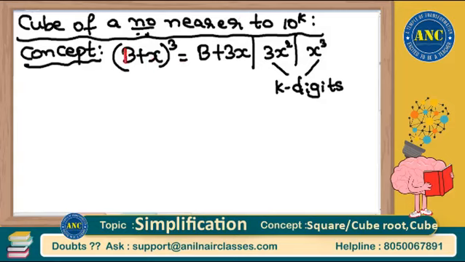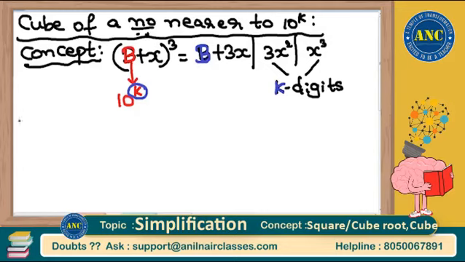K is nothing but the power of 10 in the base. b is nothing but the base. It should be expressed in the form of 10 power k.